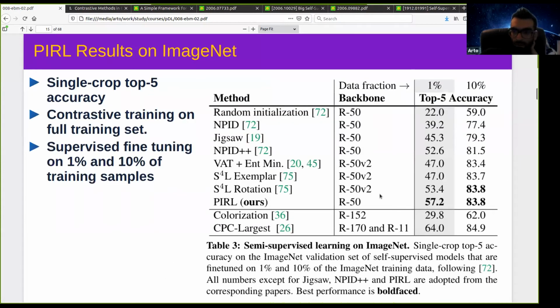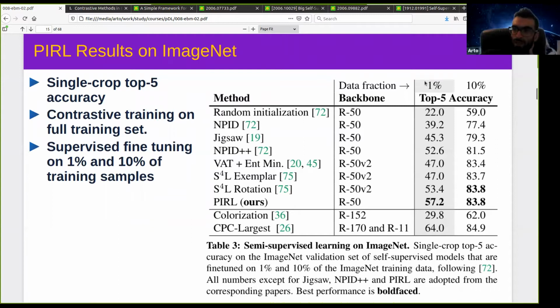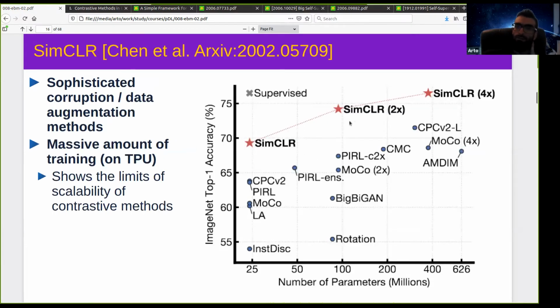Okay, and here are some results of this PIRL algorithm applied. These are the scores using 1% of labeled data and 10% of labeled data. So those are pretty good, but the results produced by the next take on that, which is the SimCLR framework, are even much better.